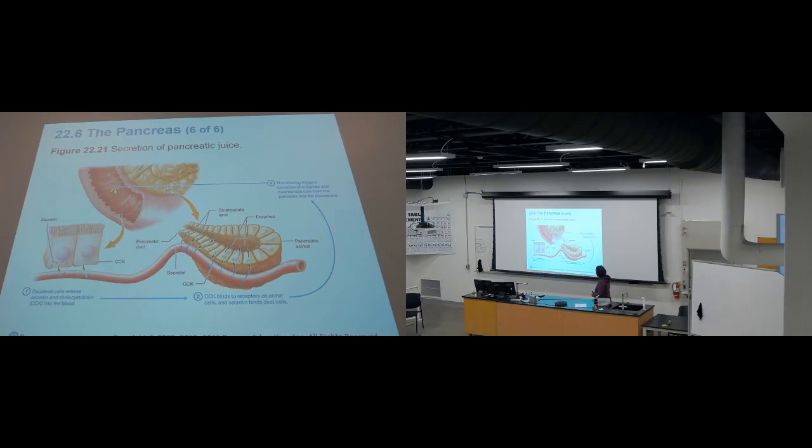So if you magnify this region, you can see what are the secretions from these cells. Here we have the cells of the acini that secrete these enzymes, which are lipases, and as well chymotrypsin, trypsin, which are inactive, and elastases that help to break down proteins.